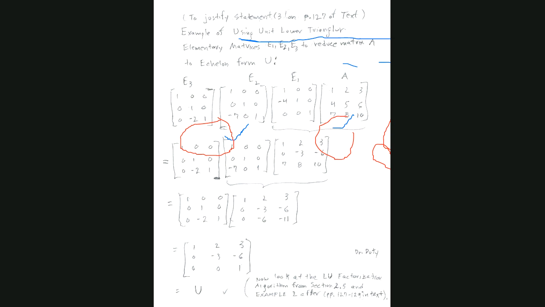So what you're learning here is that you can take a matrix A and, by multiplying it by a series of lower unit triangular matrices, reduce the matrix A to a matrix in echelon form. That's what you're learning here. Okay, are there any questions before we move on?